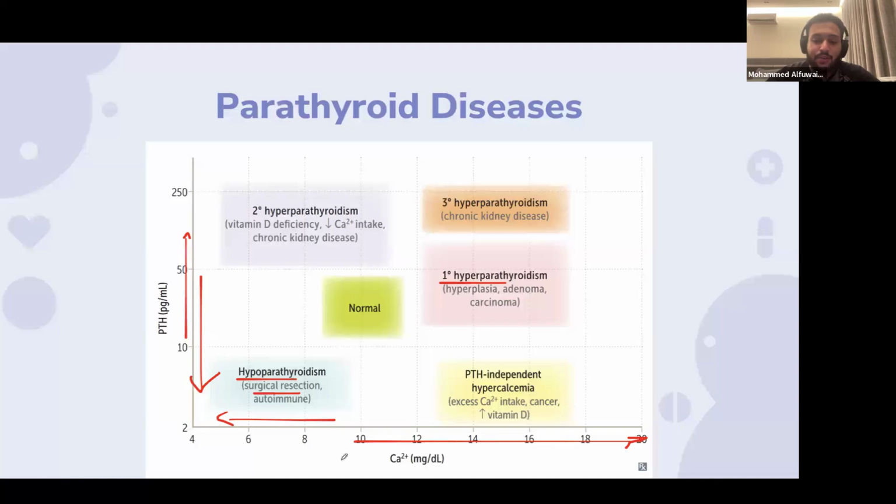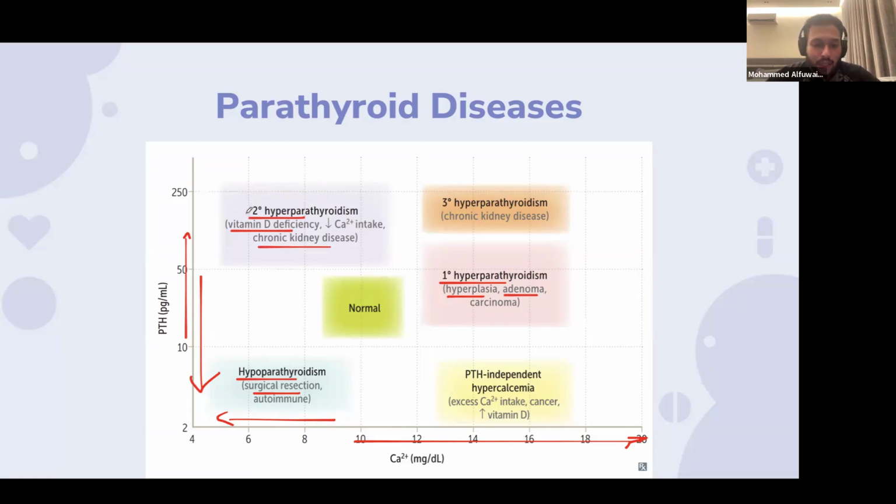However, the calcium won't be able to feedback inhibit PTH anymore because of either hyperplasia of the parathyroids or, most commonly, an adenoma, okay? Now, secondary hyperparathyroidism is when you have chronic kidney disease or vitamin D deficiency.